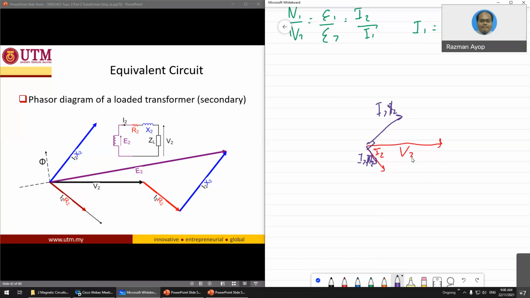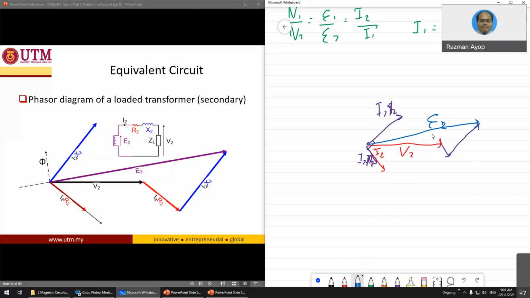If you transfer this current here, and this current here, you do a loop here, the Kirchhoff voltage law. You will get E2.